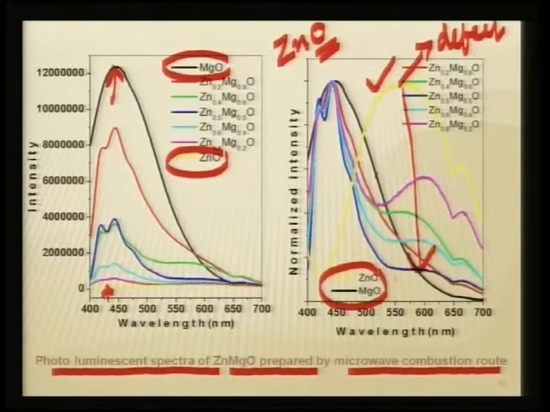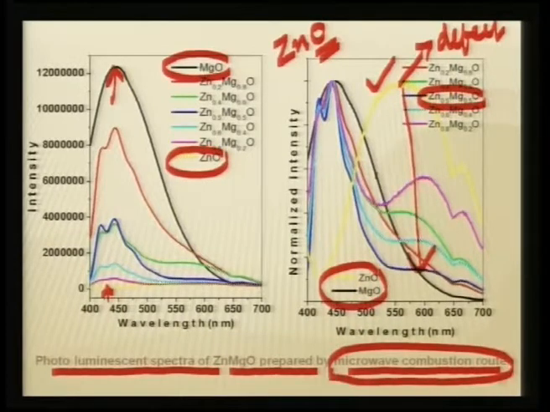For example, if you take the case of 50% of magnesium, you almost do not see any pronounced defect induced concentration, and the peak is actually shifting more towards 380 nanometers, clearly showing that magnesium can be alloyed with zinc oxide using the microwave combustion route.